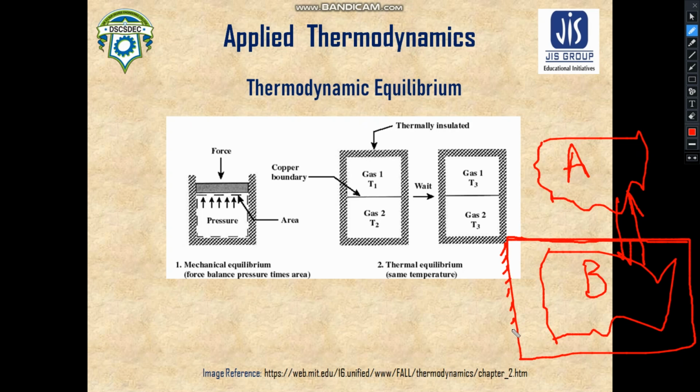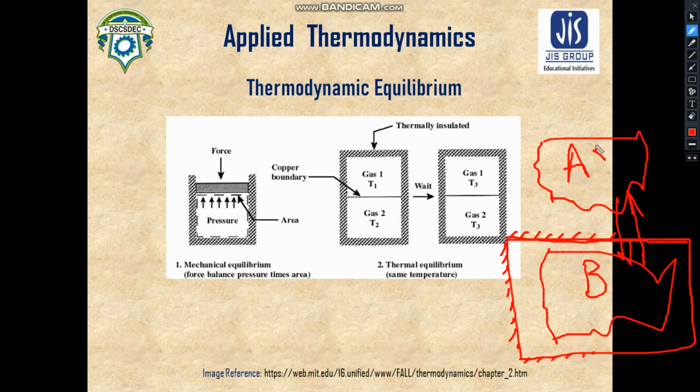Adiabatic means no heat can penetrate, and we also ensure that there is no provision for any energy transfer other than heat. So the adiabatic wall ensures that no heat flow is available, and also that no other energy transfer is available here.